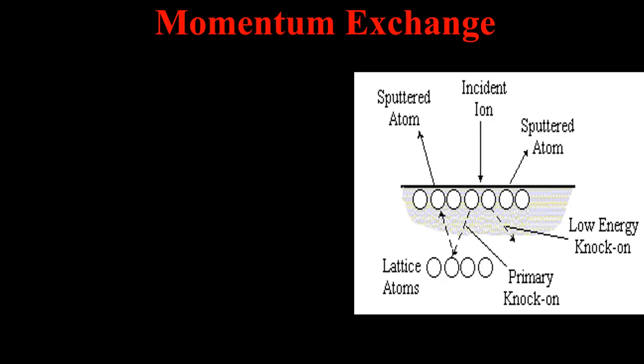So dear students, sputtering is basically a momentum exchange mechanism. As you know, in the sputtering process, highly energetic ions have a certain amount of momentum and energy and are incident on the source or target material.